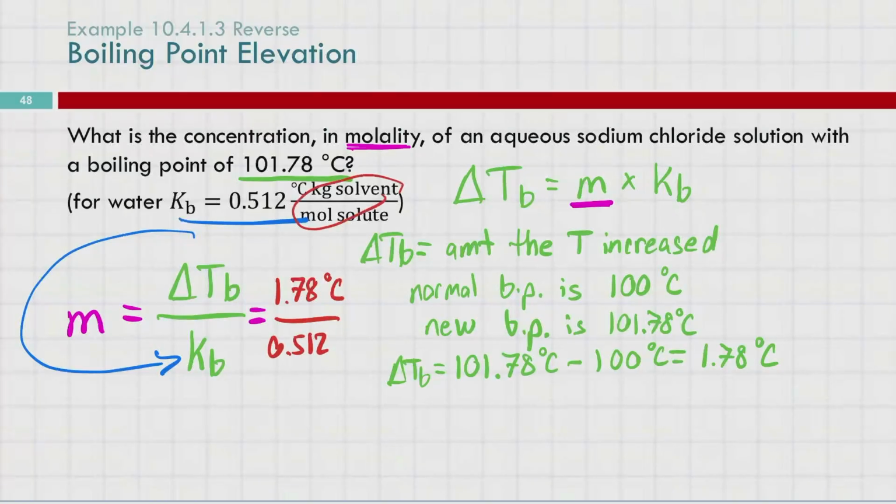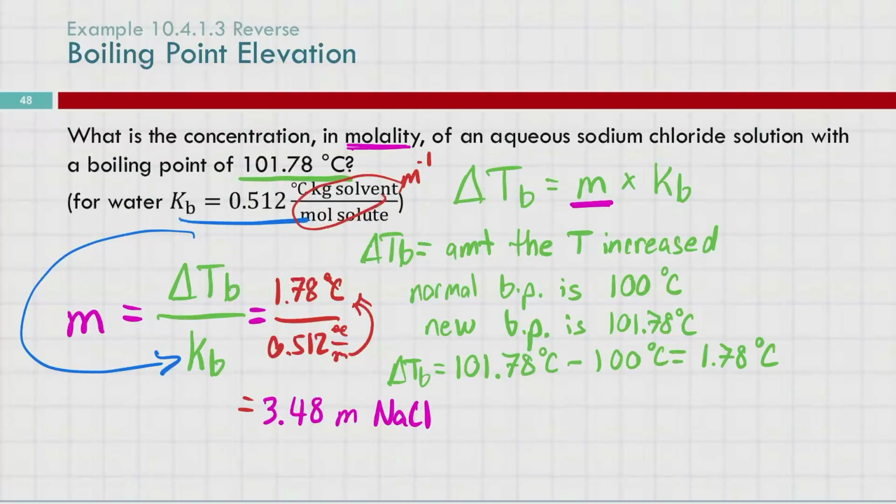Again, this crazy unit is degrees Celsius per mole. The mole flips to the top. Our molality, 1.78 divided by 0.512, is 3.48 lowercase m NaCl.